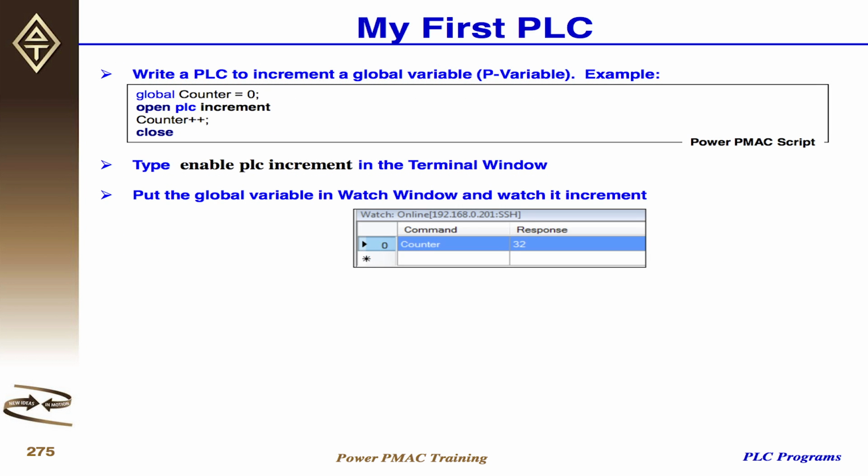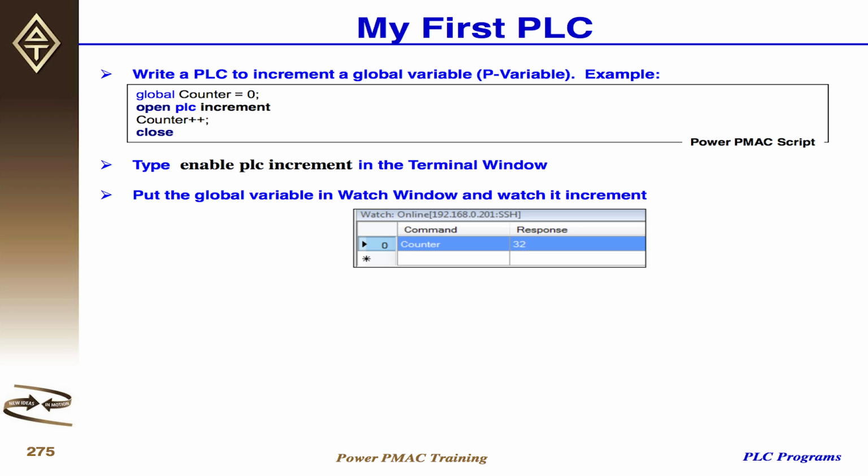Right, so here's an example of a simple PLC. All you do is create a counter. We're making a global counter, that way we can put the counter on the watch window. So global counter equals 0. And then open PLC increment. So increment will be the PLC's name. And then inside we put counter plus plus, close.